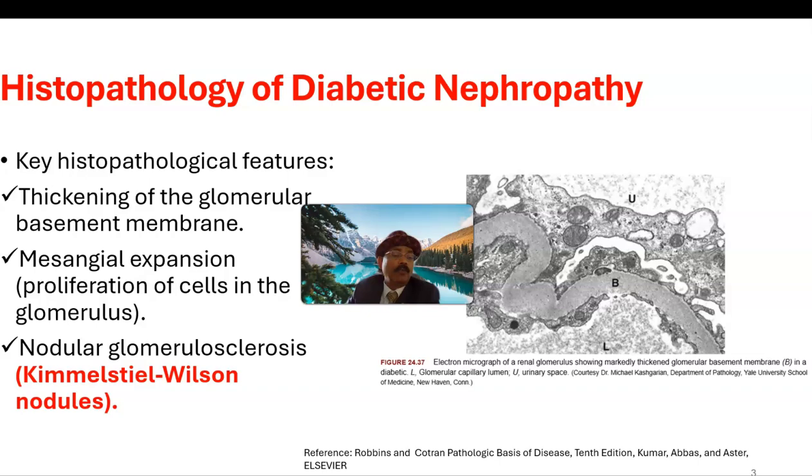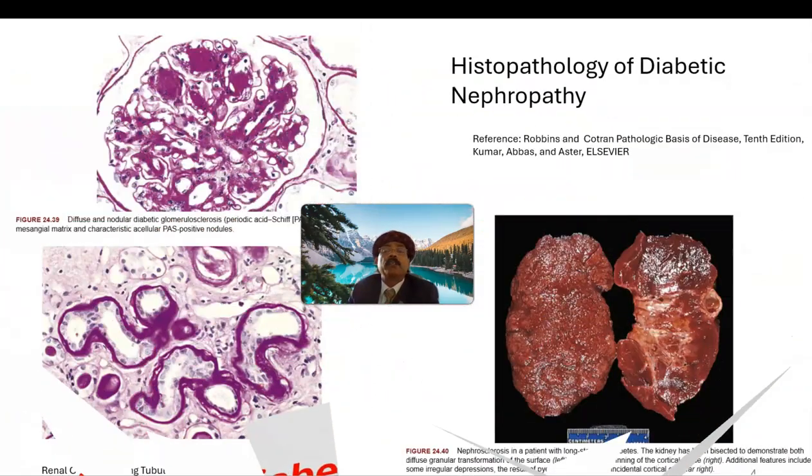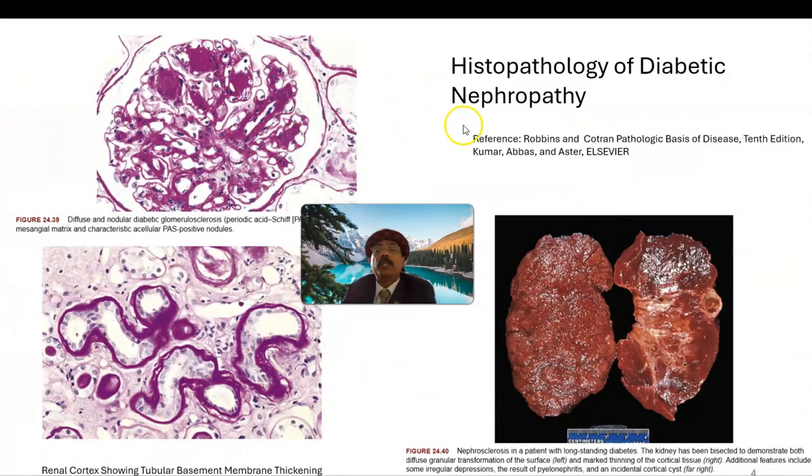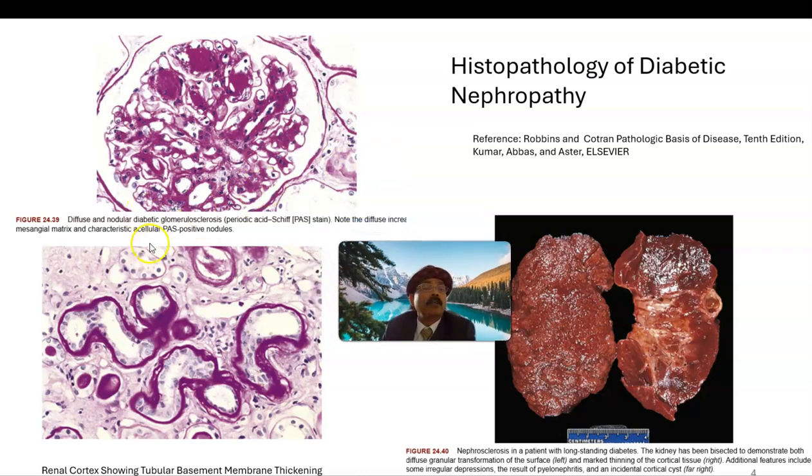If we go to the next slide, histopathology of diabetic nephropathy: diffuse nodular diabetic glomerulosclerosis by PAS stain. Diffuse increased mesangial matrix here, and characteristic acellular PAS-positive nodules here.